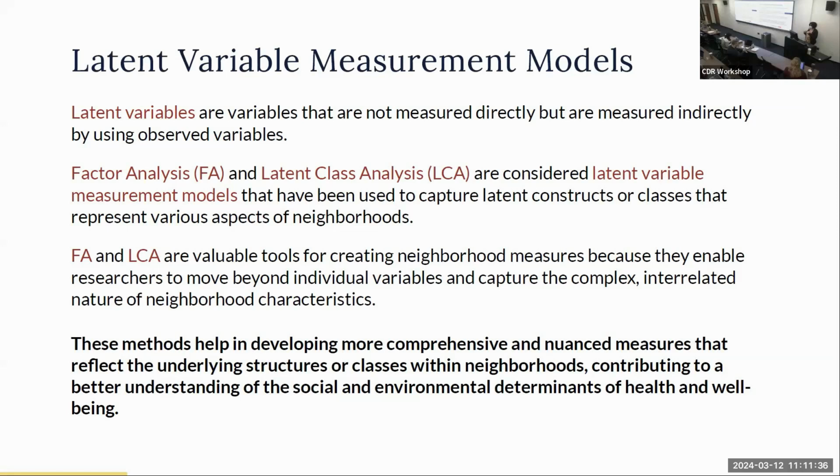So I just want y'all to make sure that this is not an either-or conversation. You can use these methods to develop more comprehensive or nuanced measures that can reflect various underlying structures or classes within neighborhoods, which can also help us to better understand how these various determinants in neighborhoods do contribute to overall health and well-being across contexts.